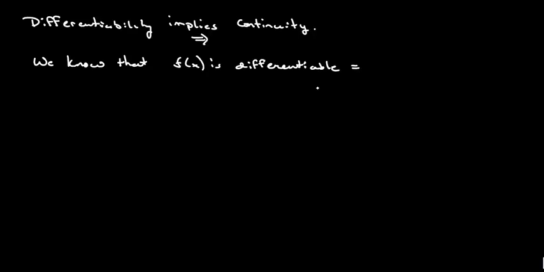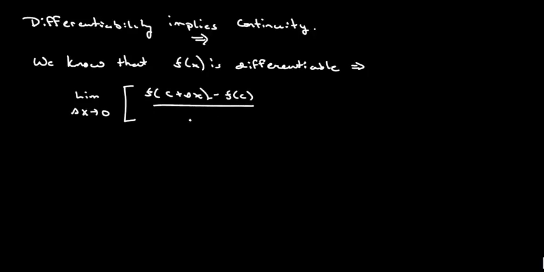Okay, so that in symbols means that if we take the limit as delta x goes to 0 of f at, let's say, some point, I'm going to call it c, so f at c plus delta x minus f at c, all over delta x, that's equal to what we call f prime at c.